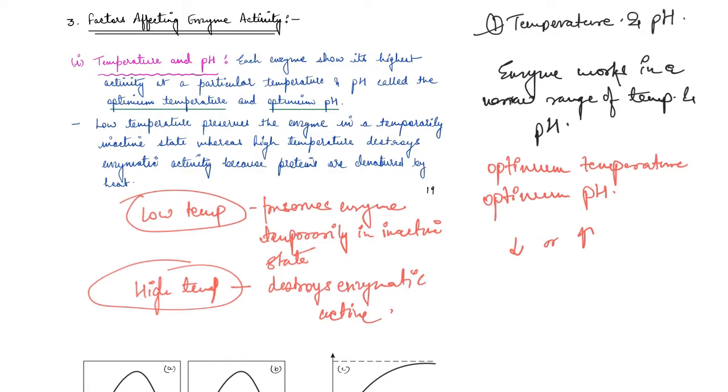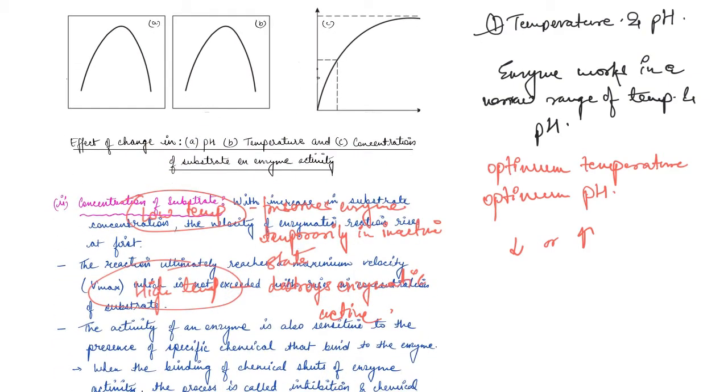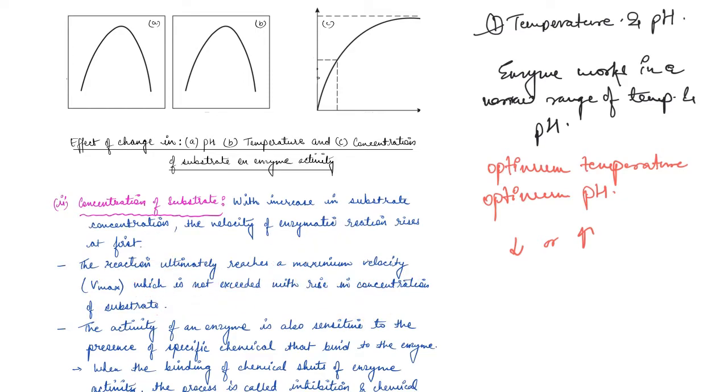So again, guys, if you see this diagram, this is the pH and this is the enzymatic activity.